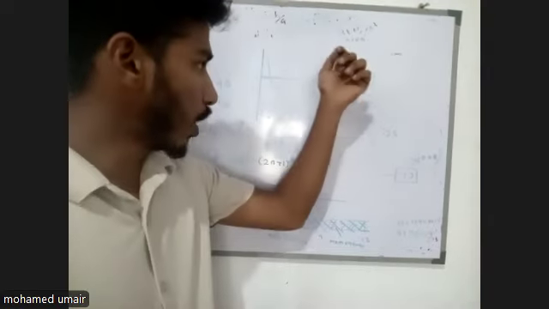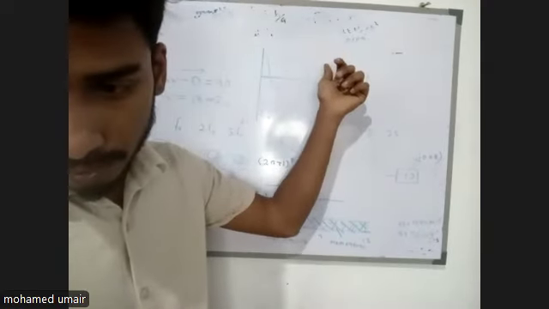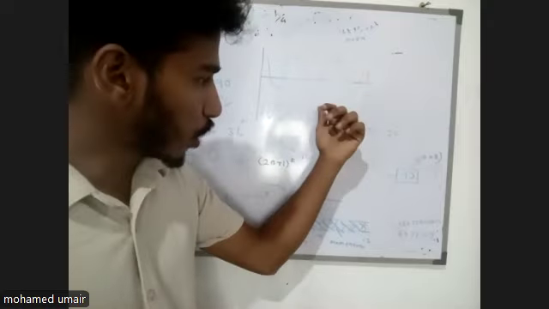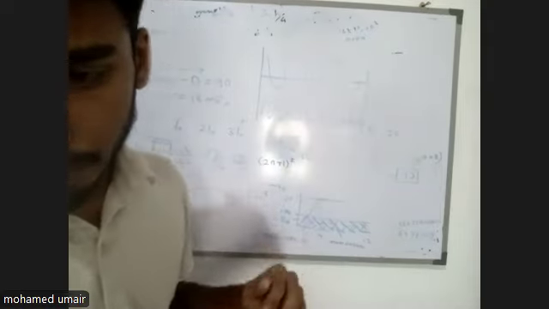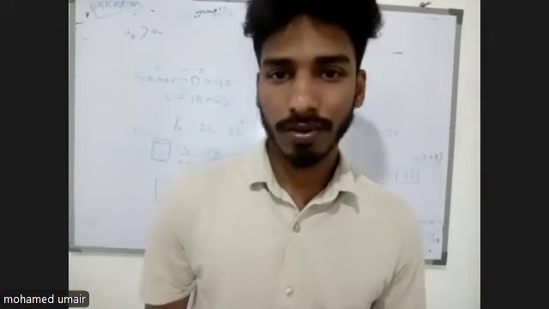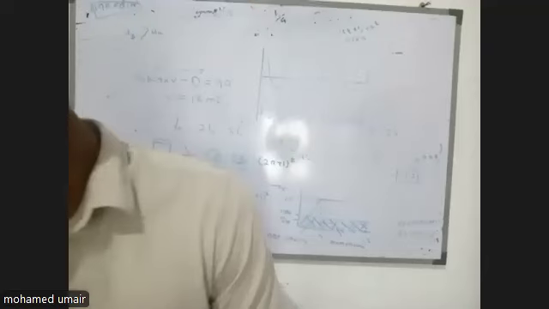That's it. So first, I require the frequency here, and I also require the frequency here. Then only I can obtain the difference between them. But they are not giving you this. So how are you going to do this?